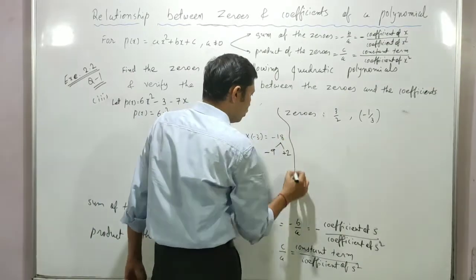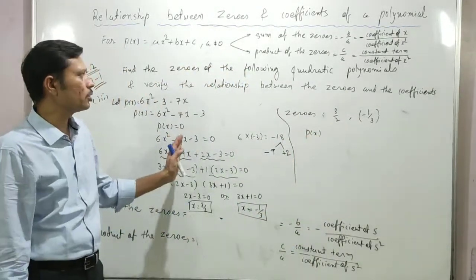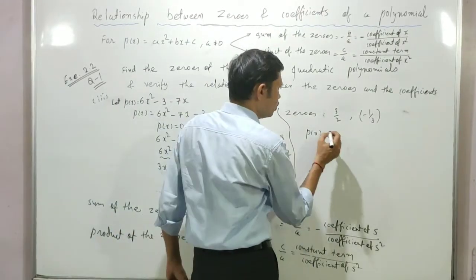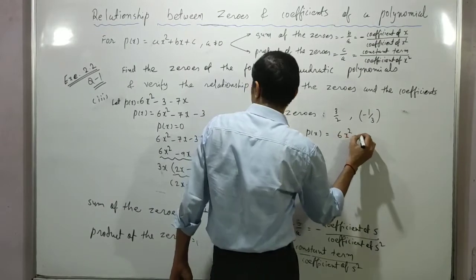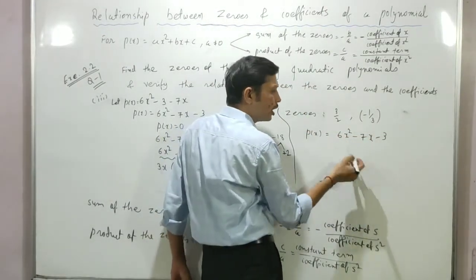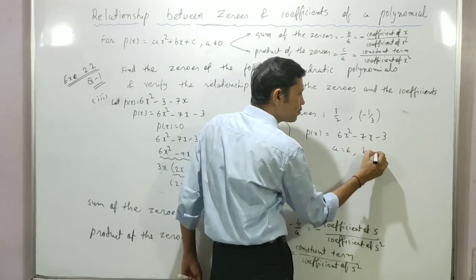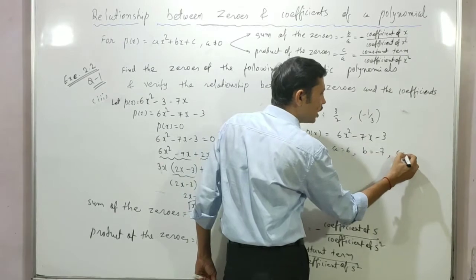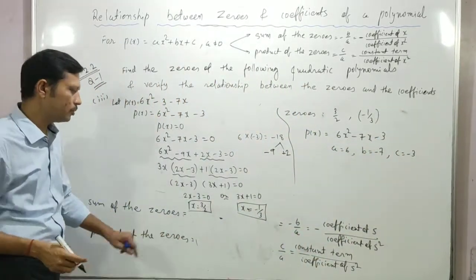Okay. And now we will verify the relationship between the zeros and the coefficients. So now our polynomial is 6x square minus 7x minus 3. When I compare with the standard quadratic polynomial, the x square coefficient is a, the x coefficient is b, and the constant is minus 3. Now the sum of the zeros.